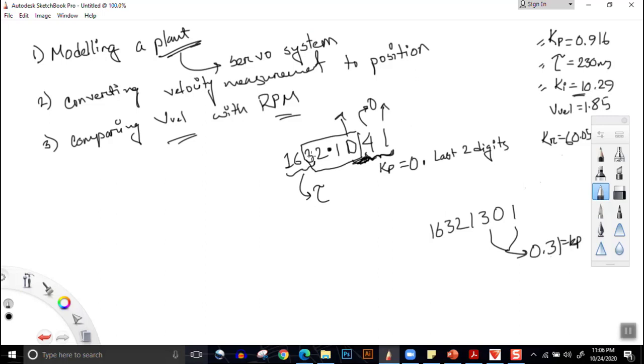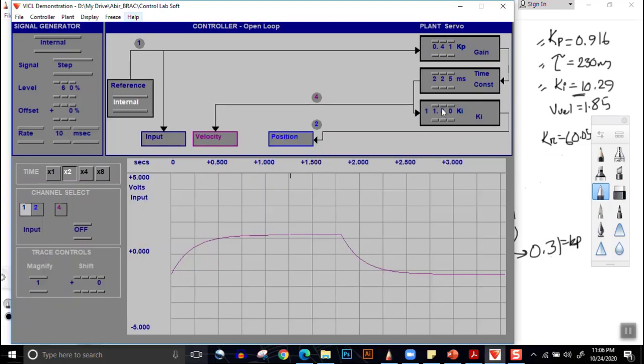Then if this is the case, you just neglect this 3. You'll make Ki equal to 2.10. So we can do that here. Decrease it to 2.10. So this is the way, and tau is equal to 163.